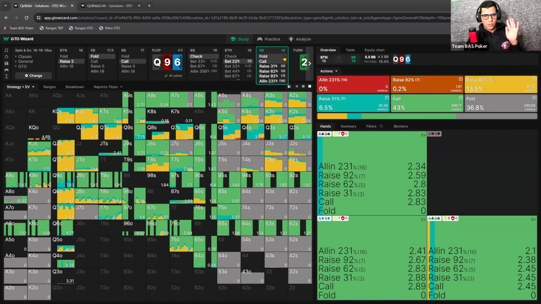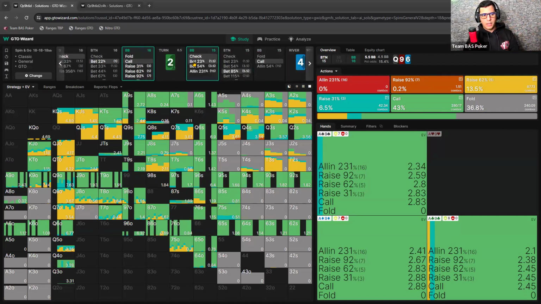Again, the range we will not talk about this. We are just looking here at the GTO theory to explain and show you how block bets are used. So we'll just expect that both players are playing a correct strategy and the correct ranges.